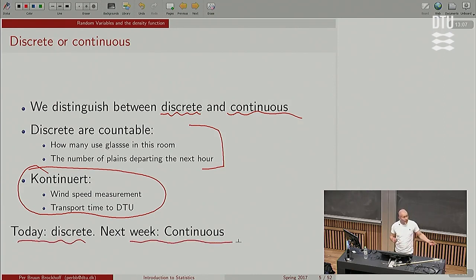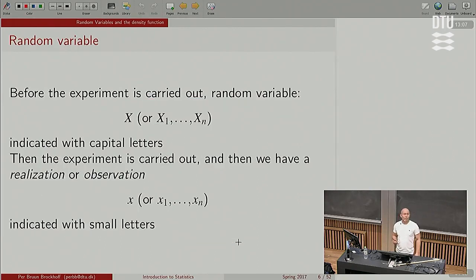That's why we have today and next time to cover the probability basics of those two settings. In the discrete world, we have to add things up. In the continuous world, we integrate continuous functions. That's the difference.